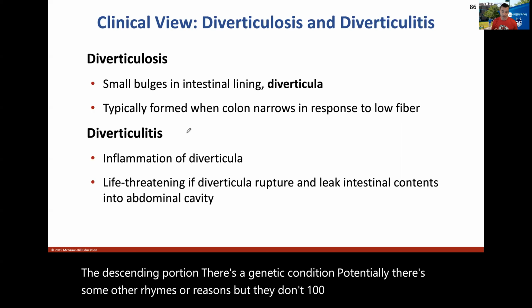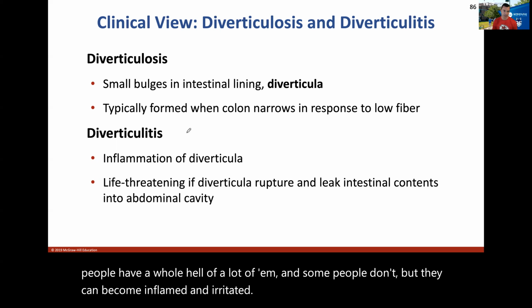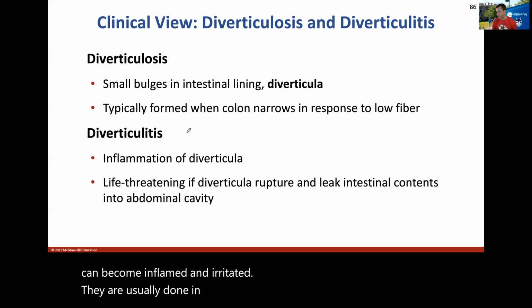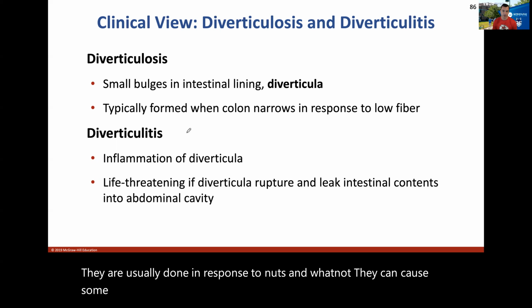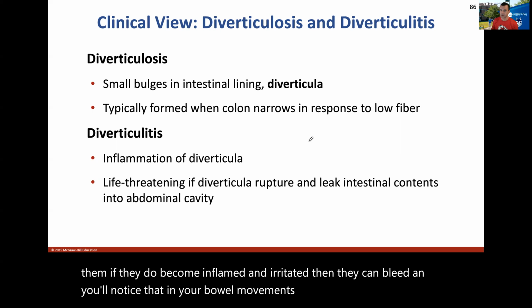Some people have a whole lot of them, and some people don't. But they can become inflamed and irritated. They're usually aggravated in response to nuts and whatnot. Increasing pressure within there can increase the chances of them. If they do become inflamed and irritated, then they can bleed, and you'll notice that in your bowel movements, and that's when your gut will be cramping a lot as well.